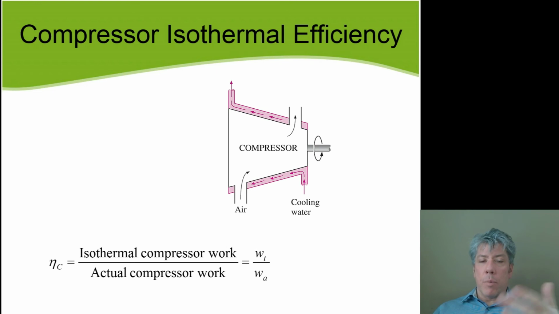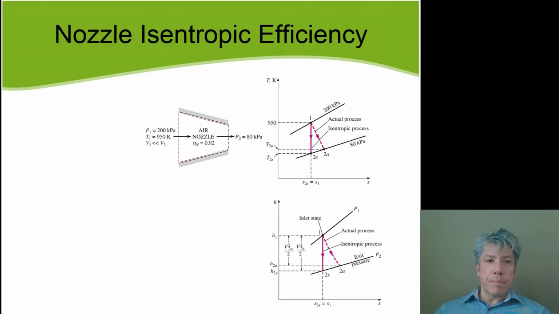So that's a little more common, a lot more common, and a lot more useful definition of compressor efficiency. Rather than thinking about isentropic efficiency, we'd like to compare it to the isothermal case. So that's the way these are usually compared, because most compressors are actually cooled as they compress gases.